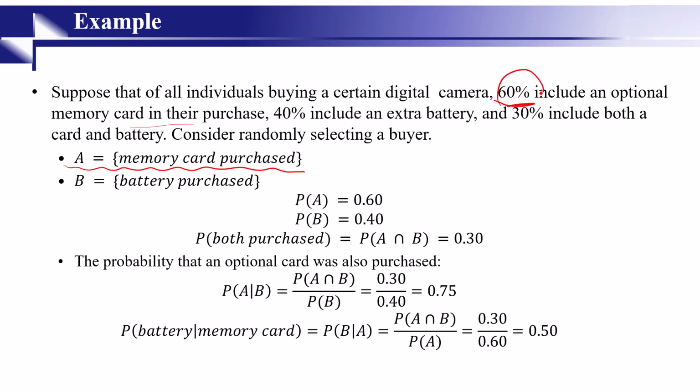Then we have event B, where 40% of customers also get an extra battery. And 30% get both of them, which means both event A and event B.